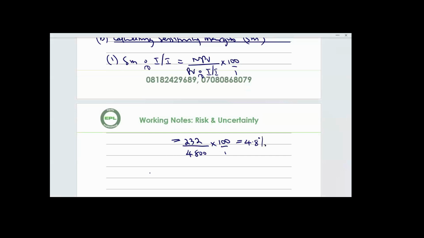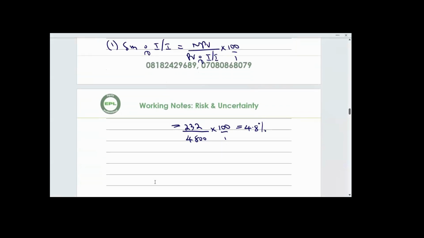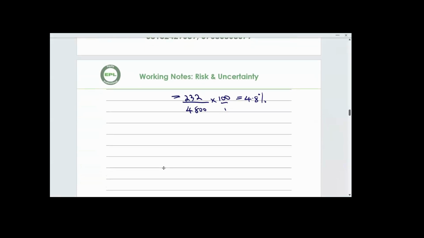So you need to interpret this. This means that the initial investment can increase further by 4.8%. Any point above this 4.8%, the project will become unviable. That is, the NPV will be negative.